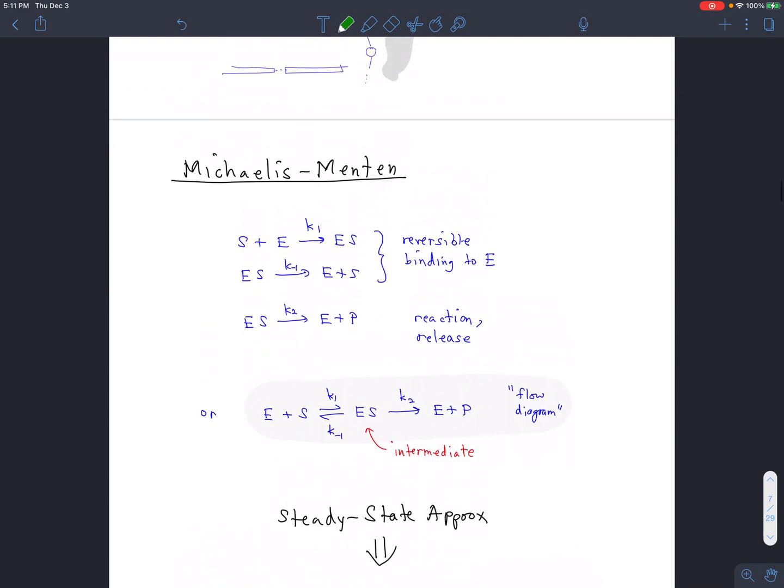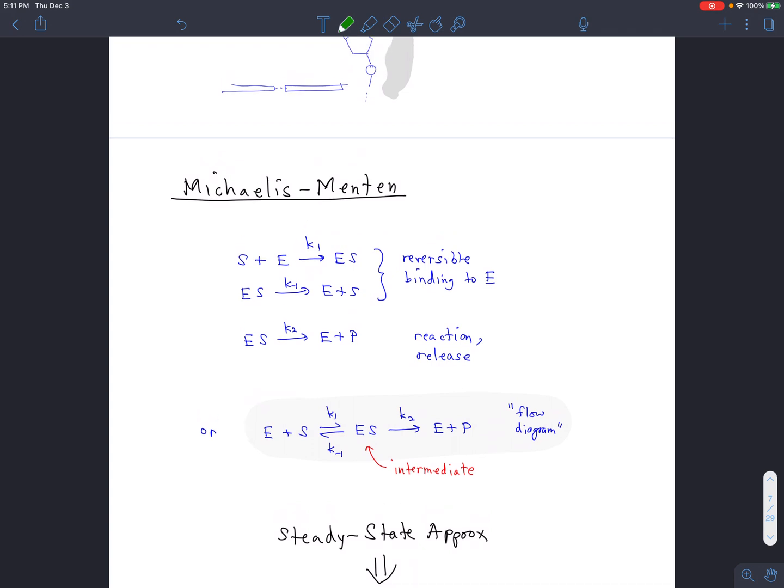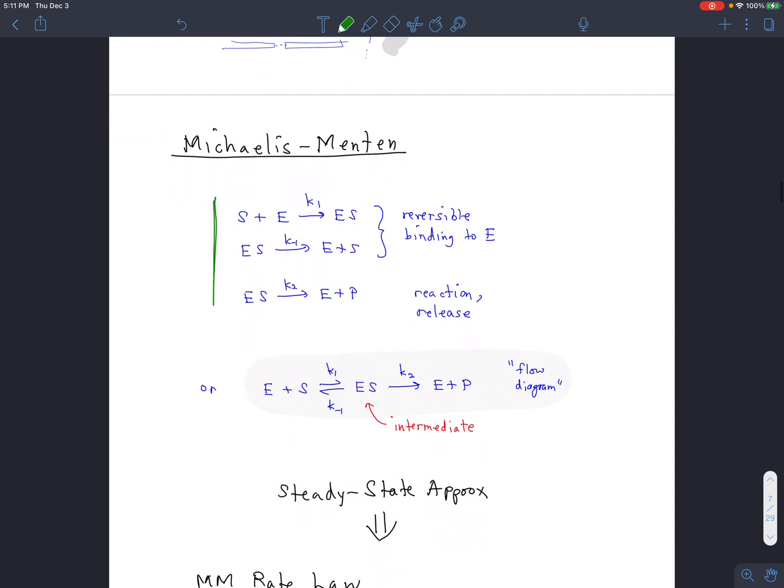Then we talked about the Michaelis-Menten mechanism for enzyme catalysis per se, specifically. The mechanism can be written out in individual elementary reactions like this, but it's much more common to write it this way, as sort of a flow diagram.